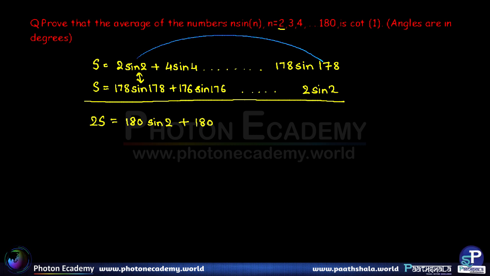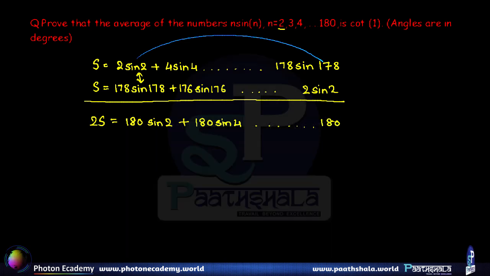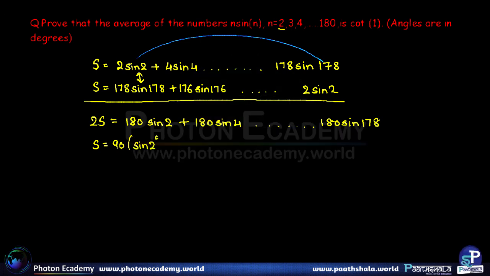So we have sine 4, and this will go on till we have 180 into sine of 178. Okay. So dividing by 2 on both sides, we have S is equal to 90 into, then we have sine 2 degrees plus sine 4 degrees and so on, and this will go till sine 178 degrees.